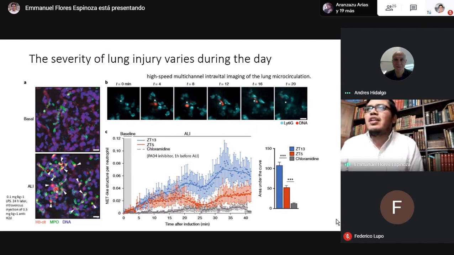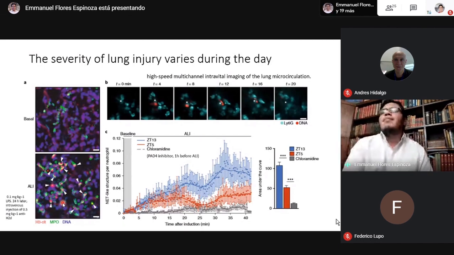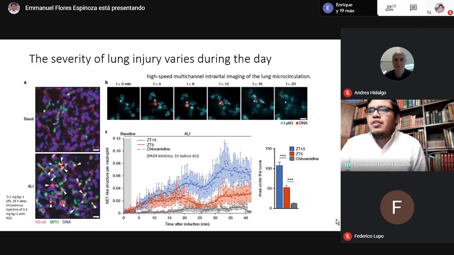ALI is acute lung injury that is driven by administration of LPS, and 24 hours later they do an intravenous injection of anti-H2D, an antibody against a haplotype of MHC. This combination drives acute inflammation in the lung tissue.